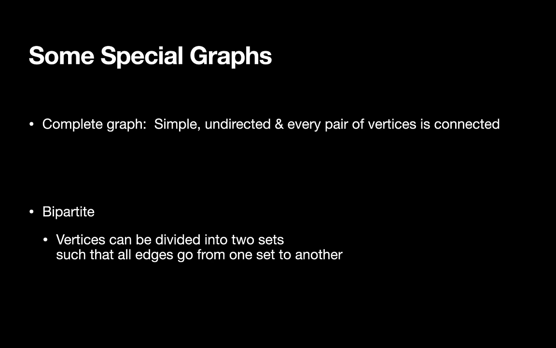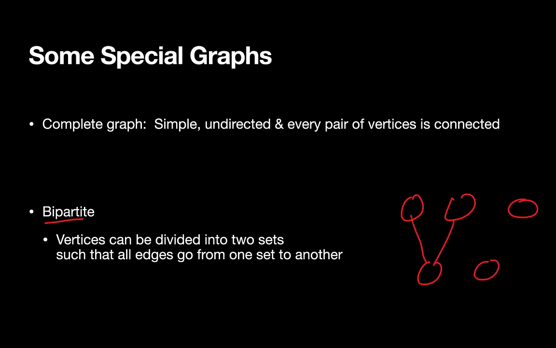Another common concept is the bipartite graph. In a bipartite graph, vertices can be divided into two distinct sets such that all edges go from one set to another. I'm just going to draw a very small example here with just 5 different things.